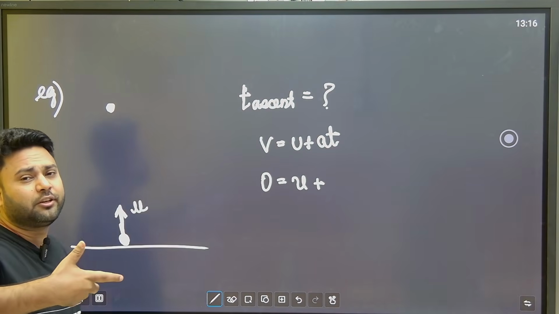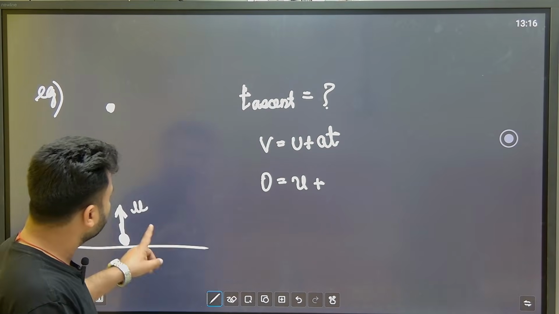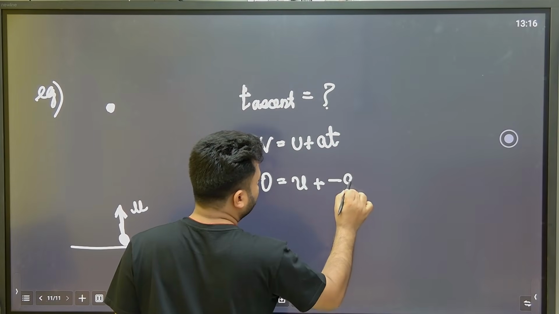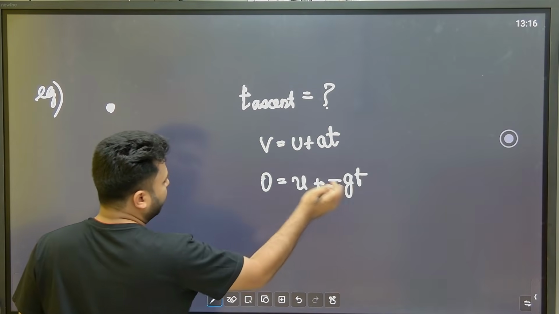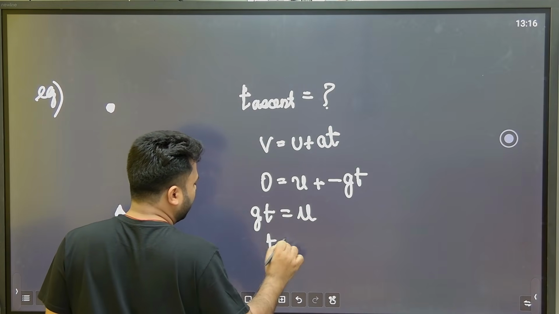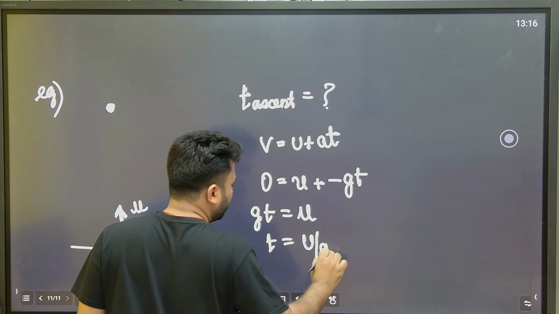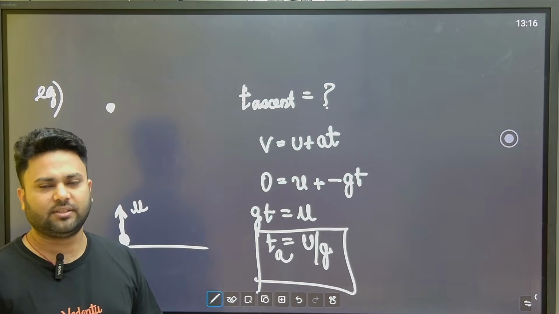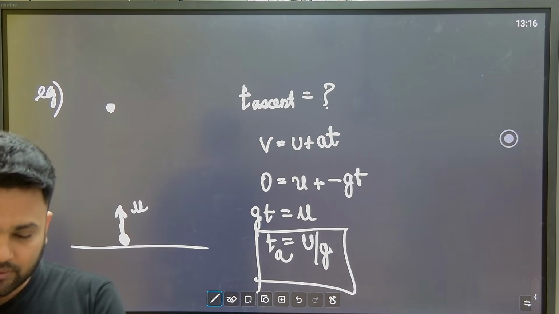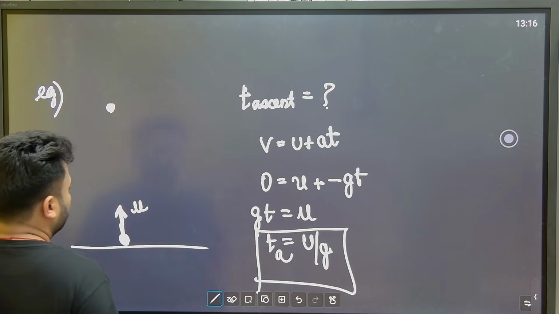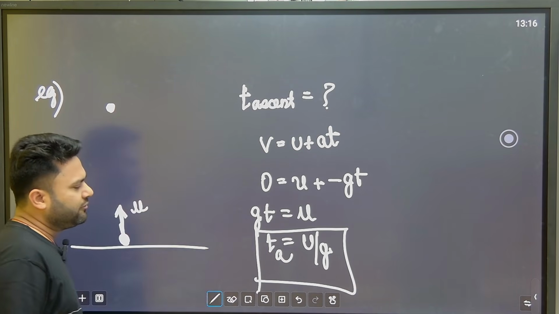It is opposite to the direction of motion. Direction of motion is up, gravity is down, so we will take minus gt. Now we will shift this, so gt will become u. So finally time will become u by g. So time to go up or time of ascent will be u by g. Correct? So this way we have to calculate.